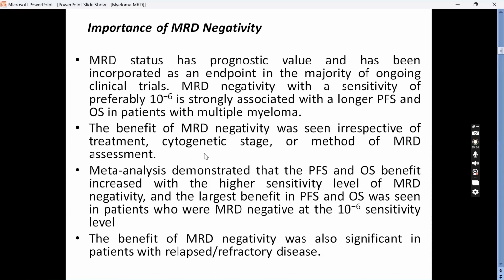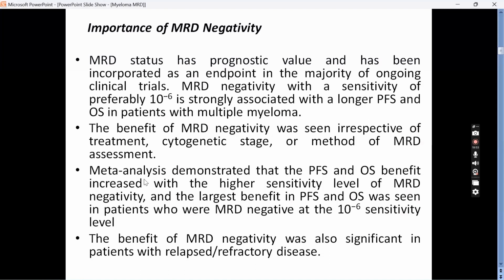Whatever the cytogenetic results or the treatment given, when the patient is MRD negative, he tends to have better overall survival and better relapse-free survival.